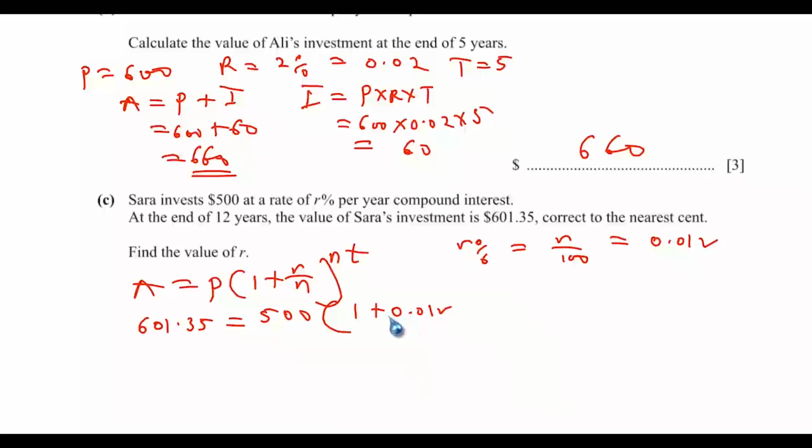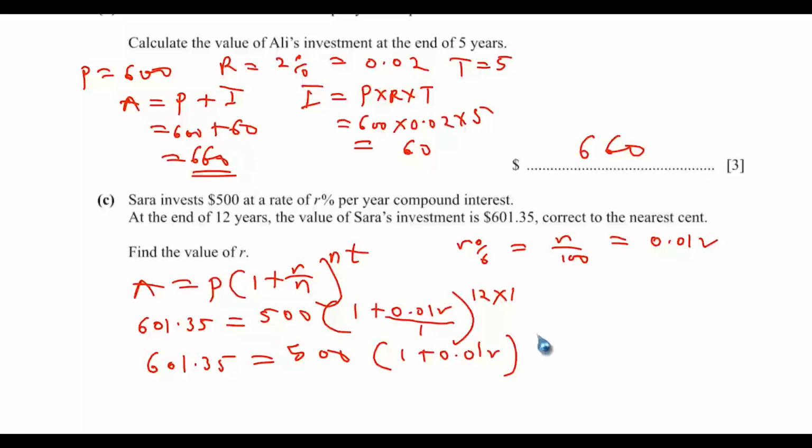Then N is equal to 1, as interest is paid once a year. Then the time is 12, multiplied by N, which is 1. So this will give us 601.35 equals 500 times (1 plus 0.01R), then everything raised to the power of 12.